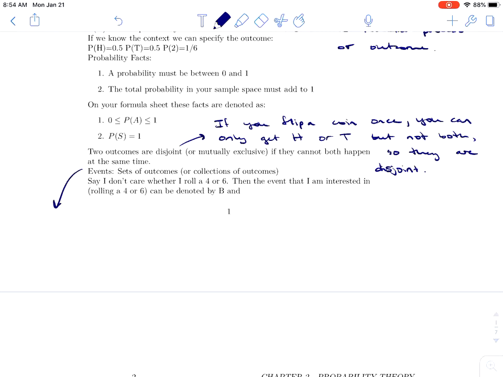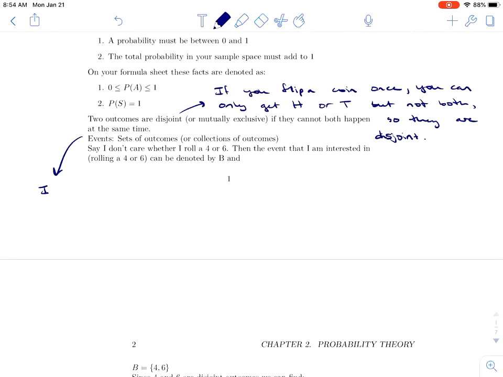Events are sets of outcomes or a collection of outcomes. So if I am interested in more than one outcome, I'm interested in an event.